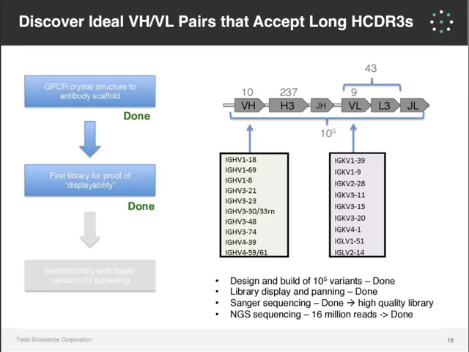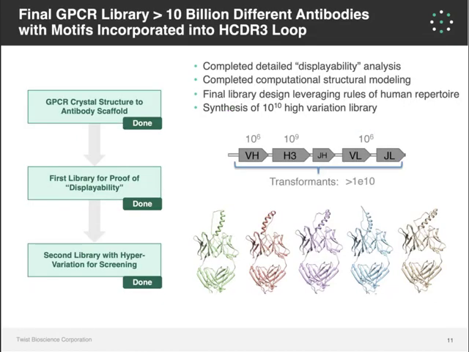And at the end of the day, we ended up settling on 2 heavy and 4 light chain frameworks and 5 different heavy chain CDR3 stems that could support display of a foreign motif sequence in the context of a phage display library. And so at that point, we felt ready to make our final library, where we inserted an oligo pool of over 100,000 different oligos that encode for those specific GPCR motifs.